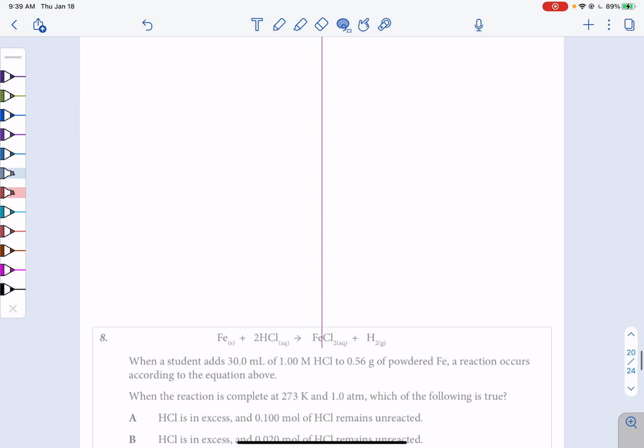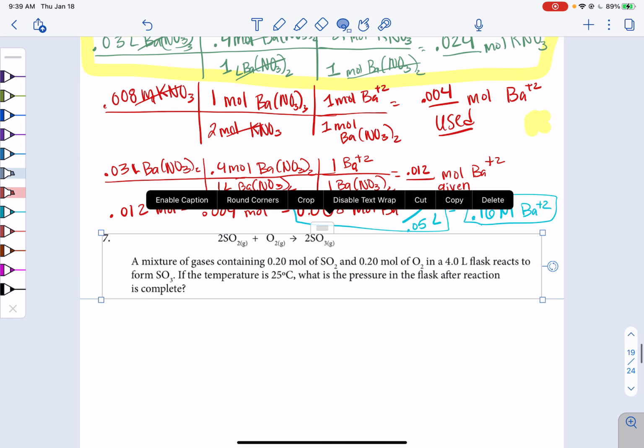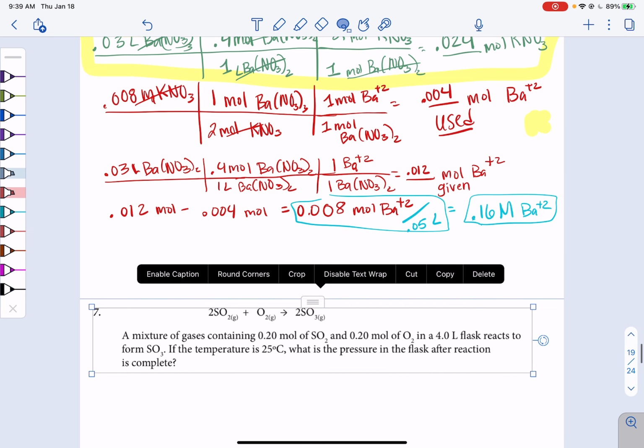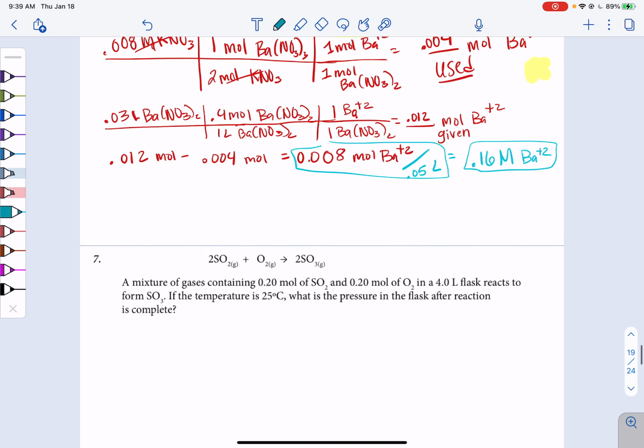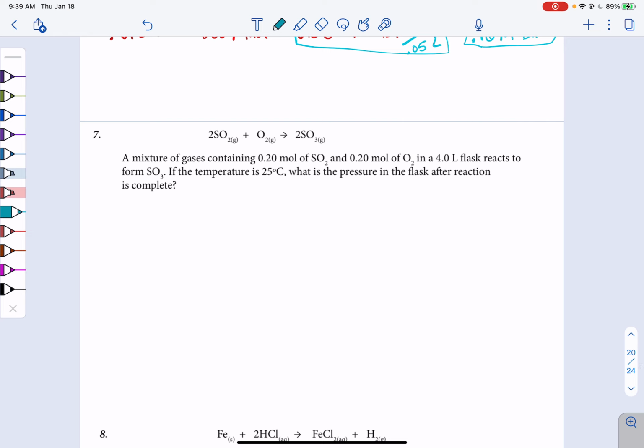I need to move some of these down. They're going to get all messed up. Okay, so number 7. Aren't we glad we have a fresh page? Number 7, a mixture of gases containing 0.2 moles of sulfur dioxide.